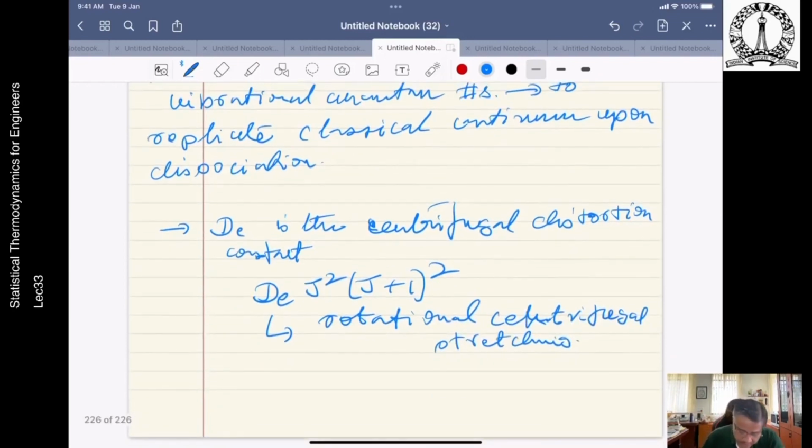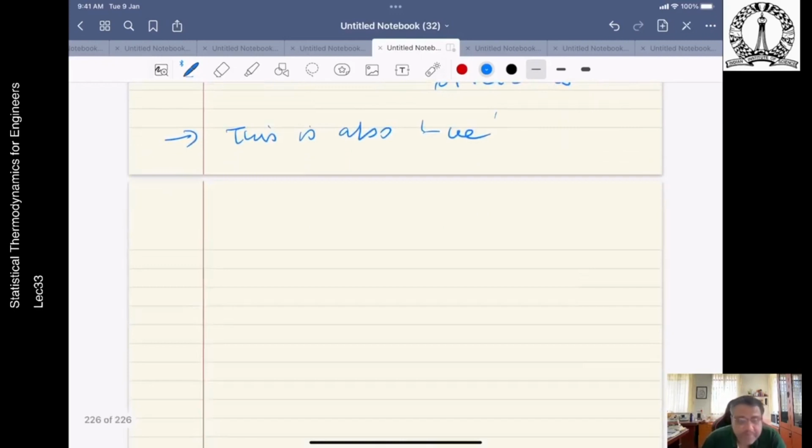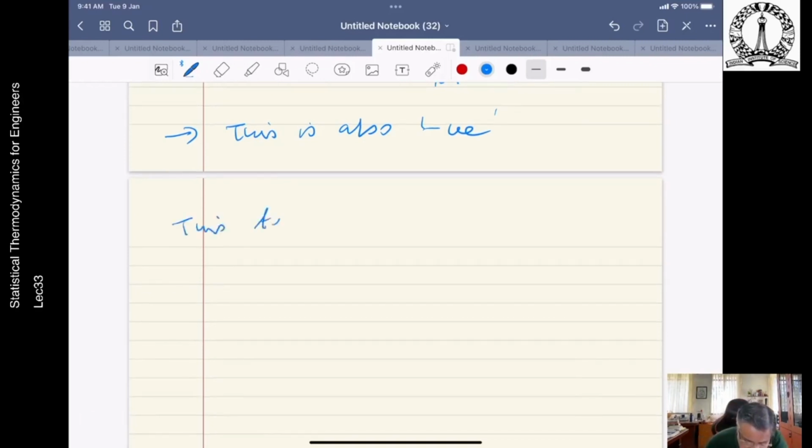This is also a negative correction. Why is it negative? Because enhanced centripetal acceleration at high rotational quantum numbers must increase the moment of inertia, thus effectively reducing any rotational energy. So the correction term is negative.